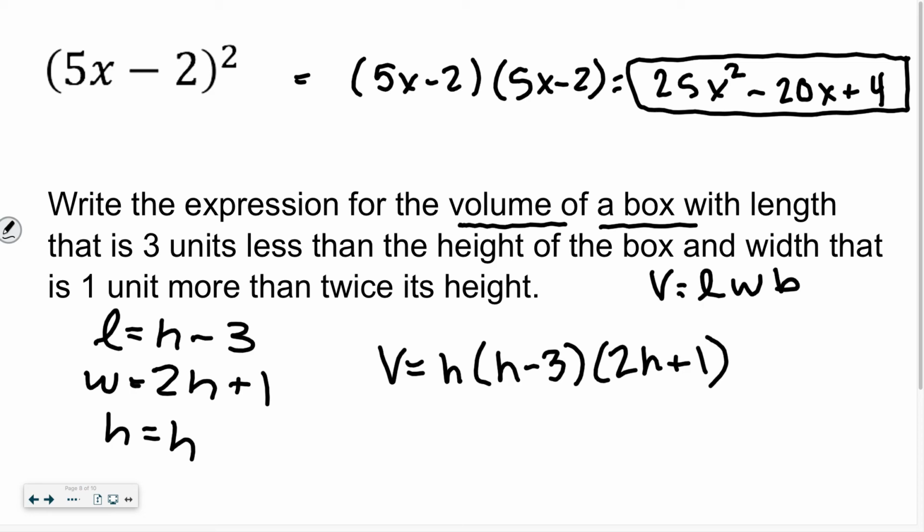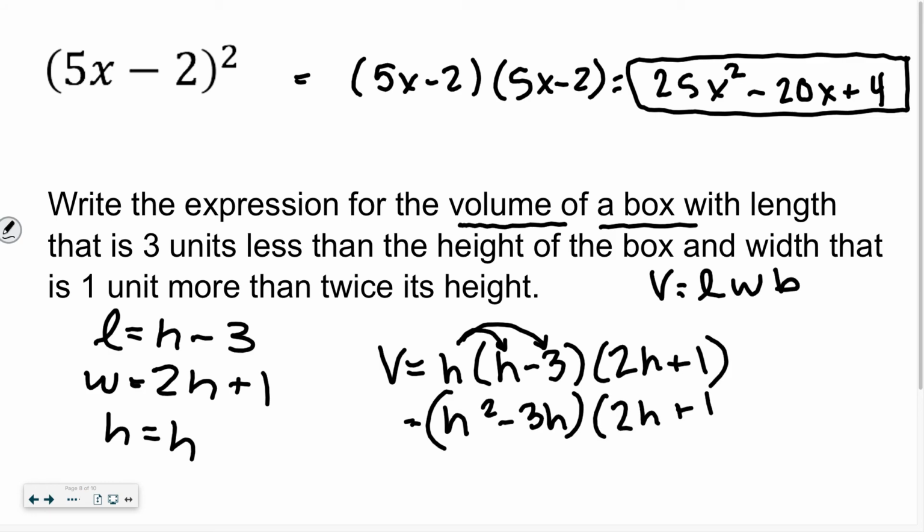How would you multiply 3 terms out? Would you just FOIL h into all of them? Distribute. You would distribute h into one factor, so it's going to be h squared minus 3h. And then you multiply by 2h plus 1, but you don't distribute h to the other factor.